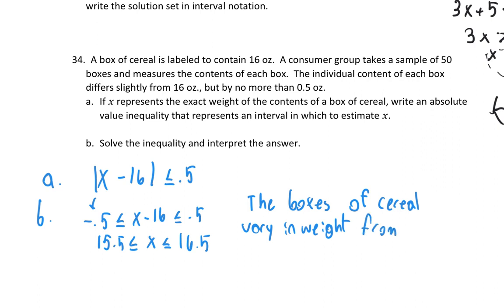From 15.5 ounces to 16.5 ounces. I guess I'll say including both. Sometimes you might see the word inclusive, which is just saying that you can be 15.5, and you can be 16.5. So there's that.